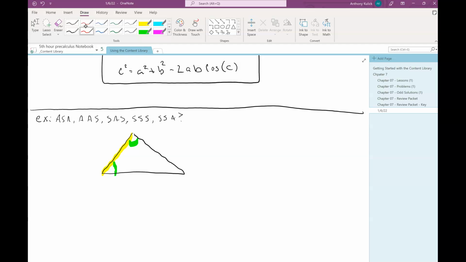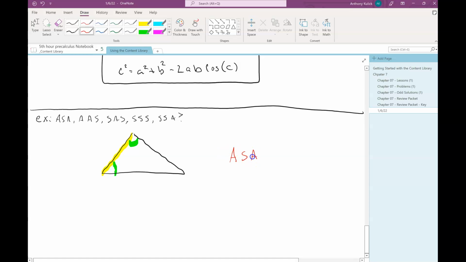Angle, side, angle. Are you sure it's not angle, angle, side? Right, and this is why we're doing the example, to make sure that we know which one is which. This is angle, side, angle. You were right. So that's good.